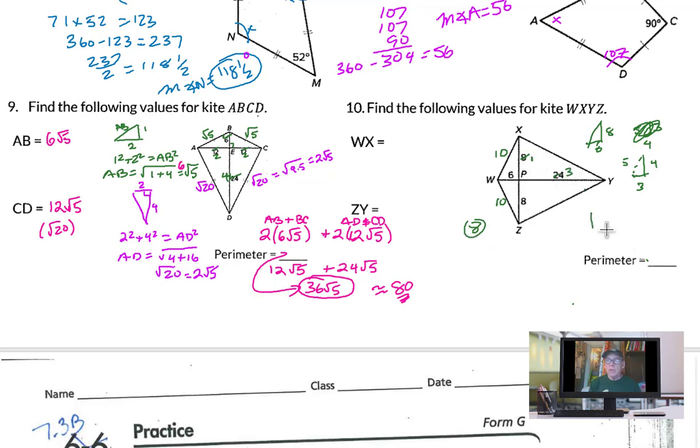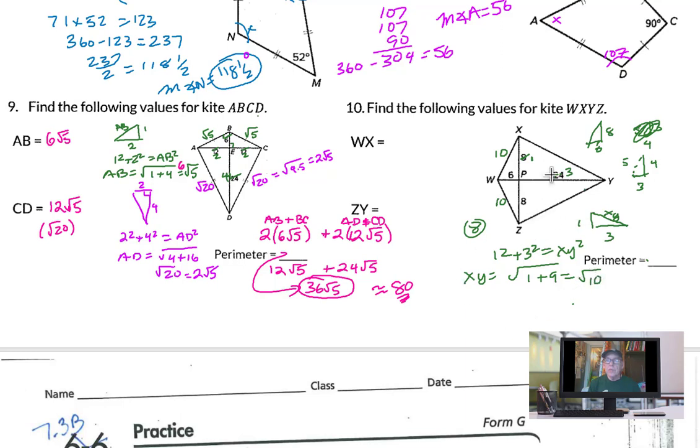But in terms of the triangle, doing the Pythagorean formula on it, we've got 1 squared plus 3 squared is equal to XY squared. So 1 squared plus 3 squared equals XY squared. XY is going to be the square root of 1 squared plus 3 squared, which is square root of 10.